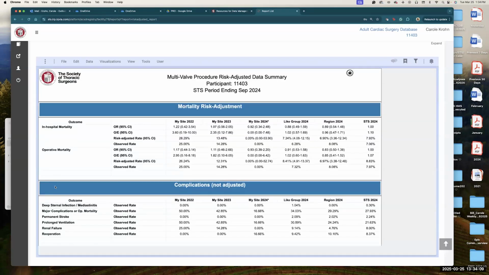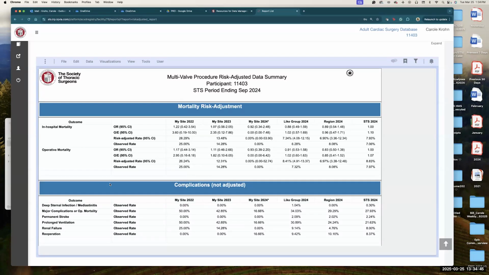I can show you, let's see if we could do it on the multi-valve. Multi-valve is one where not a lot of sites perform a high volume of multi-valve procedures. This is the reason why we will not report multi-valve procedures out in a star rating, because the volume is low. Only a few sites have enough procedures to give us small confidence intervals.